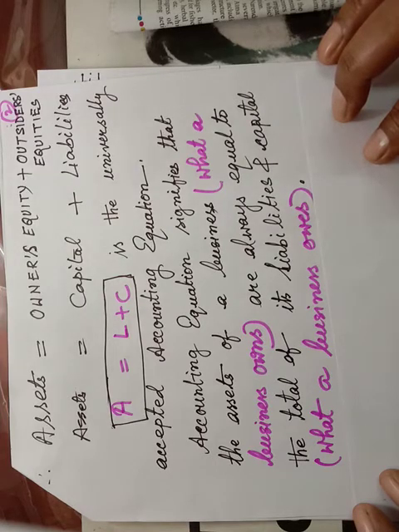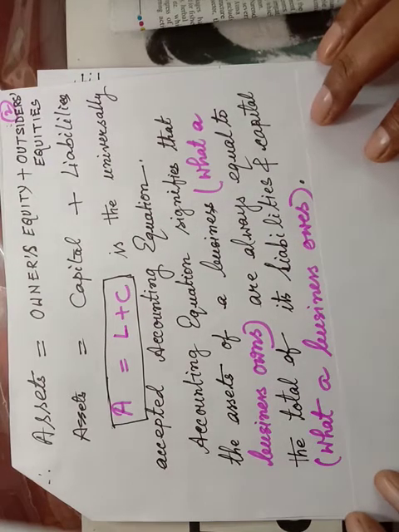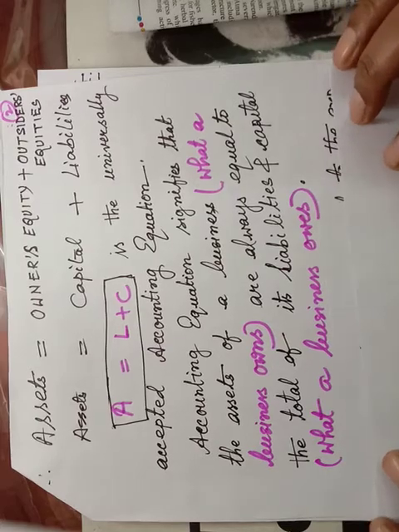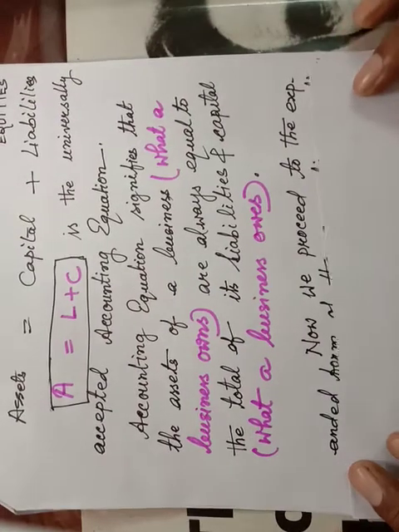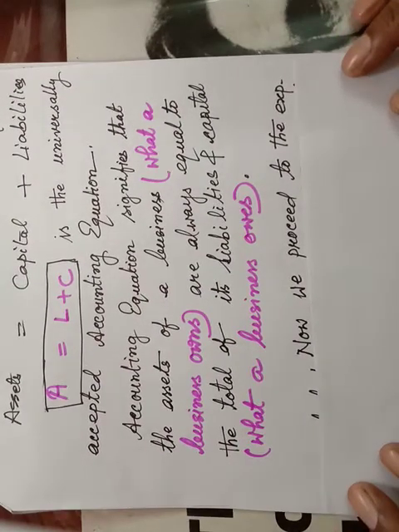So the business has nothing of its own. Whatever a business may say, that I own these assets, are actually the claims, first of outsiders and then of the owner. That is the universally accepted accounting concept. Assets is equal to capital plus liabilities, or liabilities plus capital. This is the accounting equation.